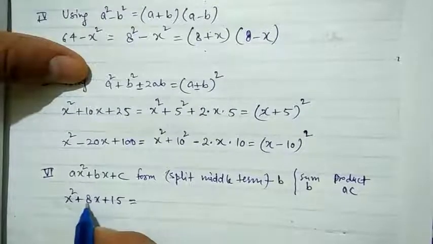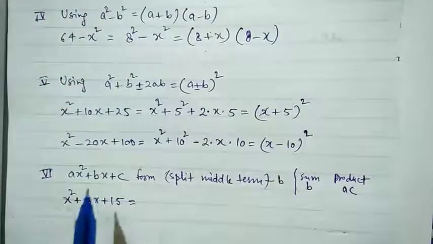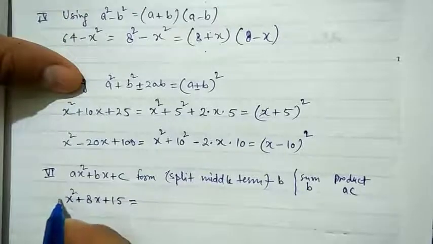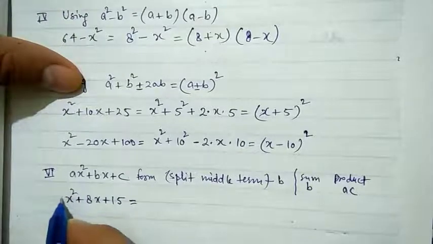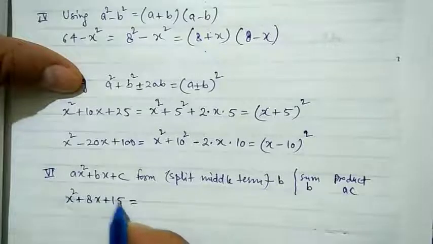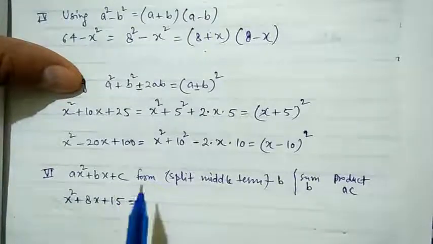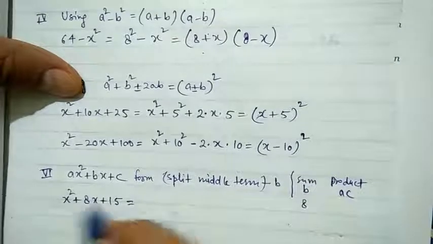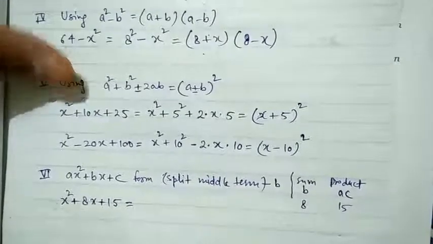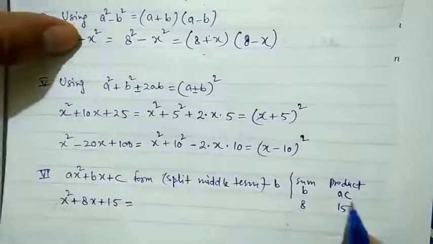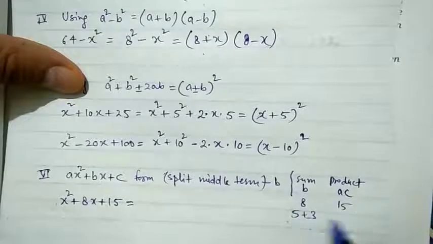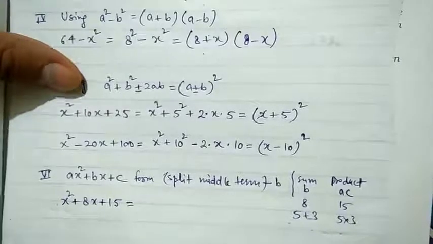We'll split it in such a way that the sum will be plus 8 and the product will be the coefficient of x square, which is 1, into 15, the constant term. So 1 into 15 is 15. So find two numbers such that the sum is 8 and the product is 15. It is 5 plus 3 is 8 and 5 into 3 is 15.